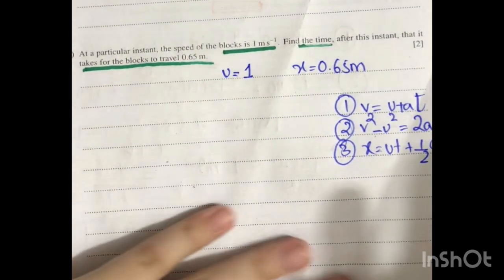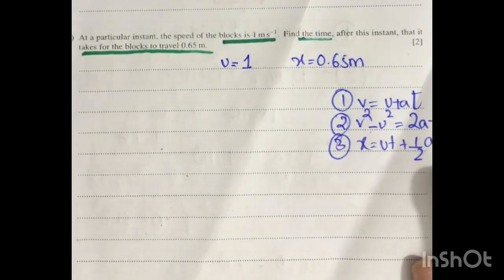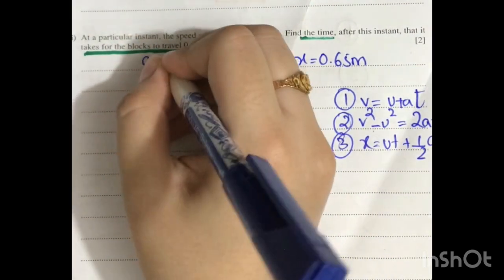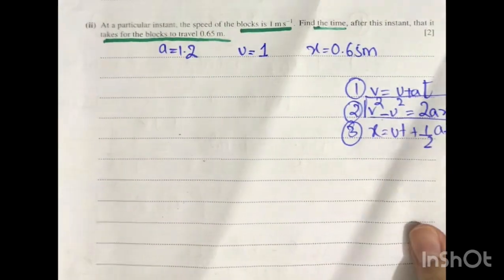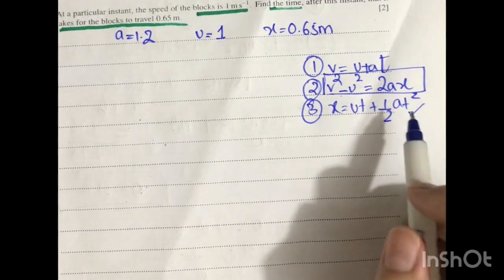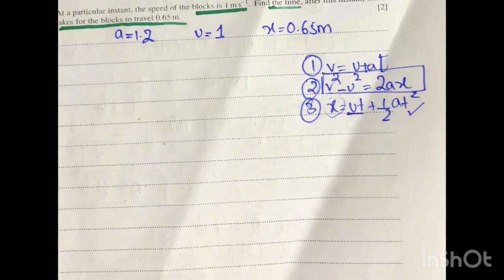We need the time, and in the previous part we found out the acceleration of the blocks. So the acceleration was 1.2. So we can see that the third formula is the most appropriate, since we have the acceleration, the distance traveled, as well as the initial speed.